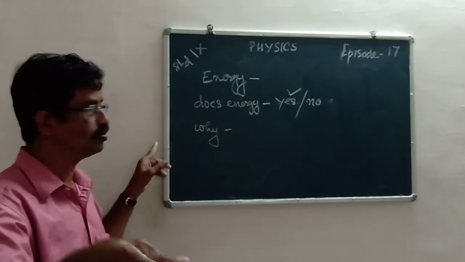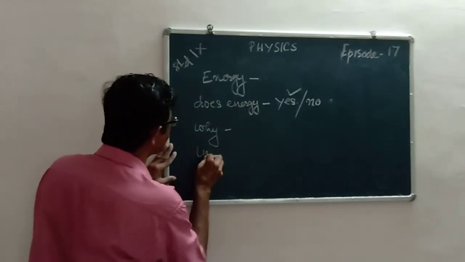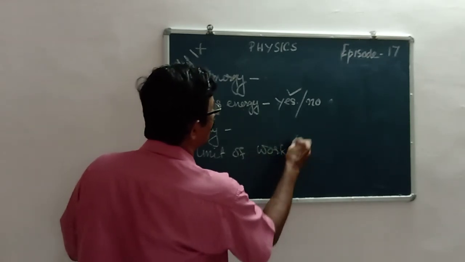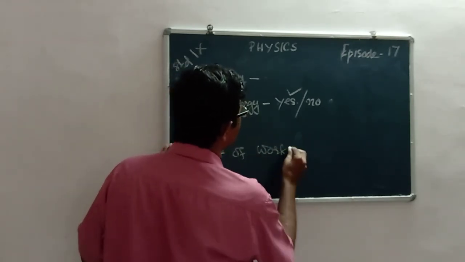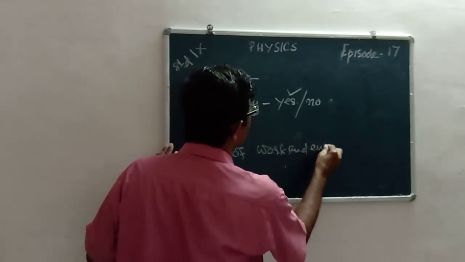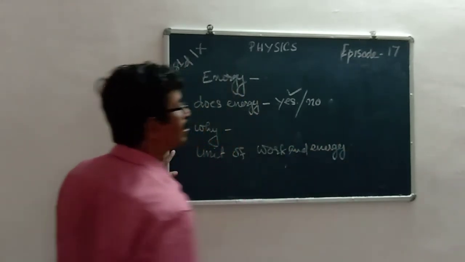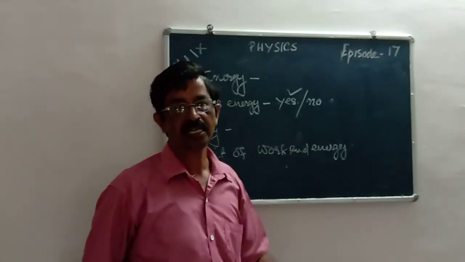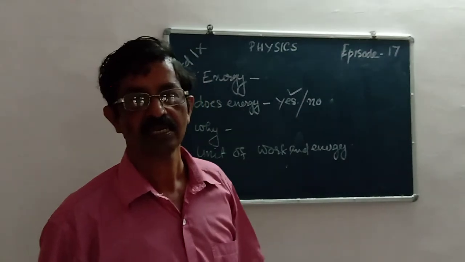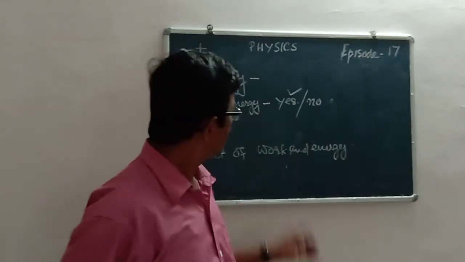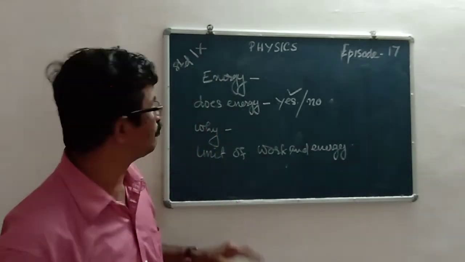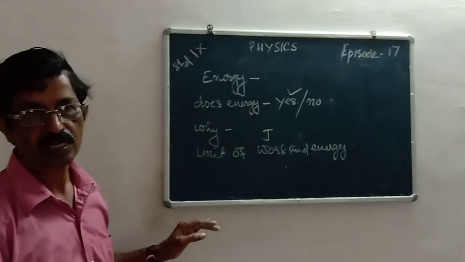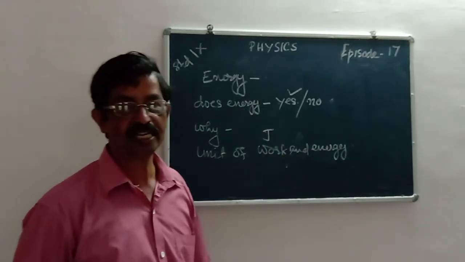Now another question to you. What is the unit of work and energy? If the unit of work and energy remains the same, we know the unit of work is joule, then what is the unit of energy?